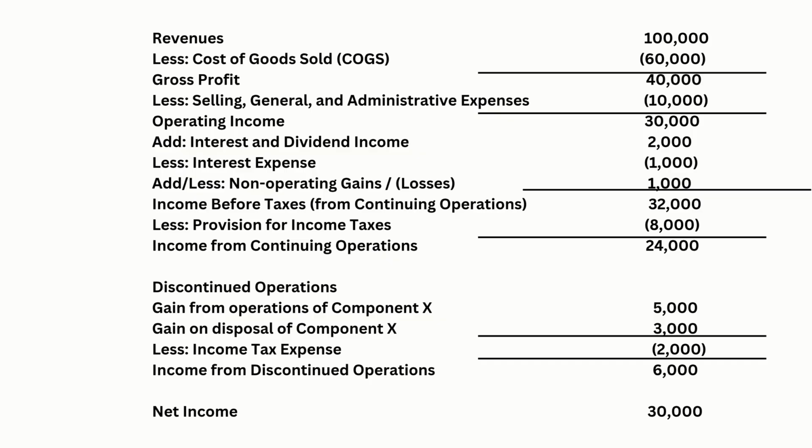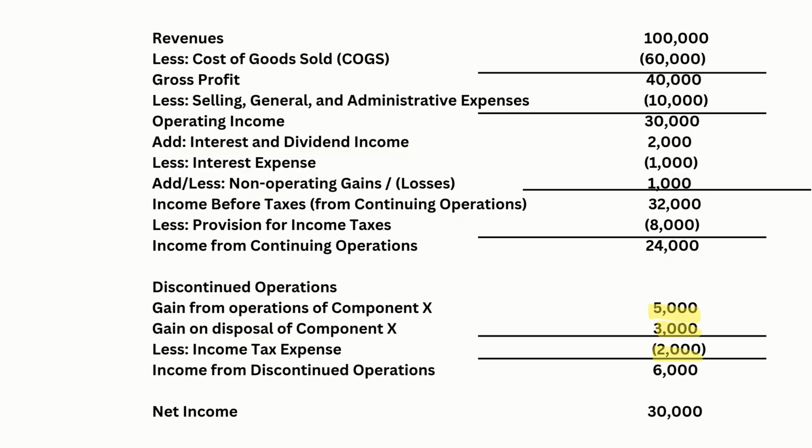We then subtract income tax. Let's say it's $8,000. That gives us income from continuing operations equals $32,000 minus $8,000 equals $24,000. This is the profit from the parts of the business that are expected to continue.